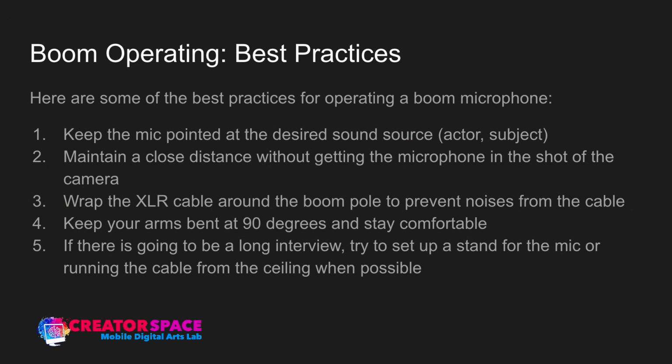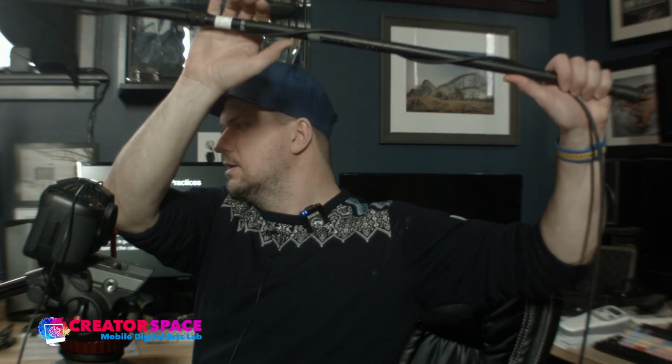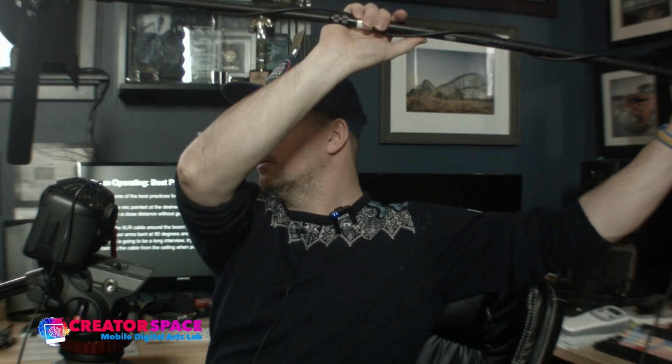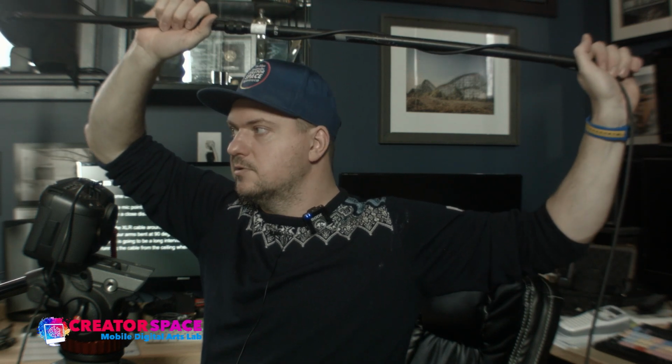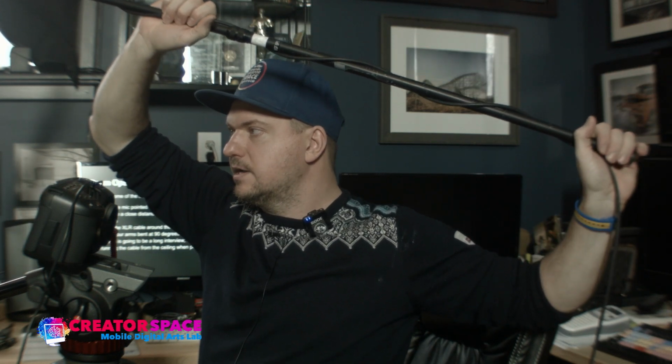Keep your arms bent at 90 degrees and stay comfortable. This is the idea of boom operating, to just keep your arms like so. And then what I like to do is, with the back hand, I can raise it up or down. That uses the pivot. By staying at 90 degrees, it's pretty comfortable. I can hold this for quite a long time without feeling uncomfortable.